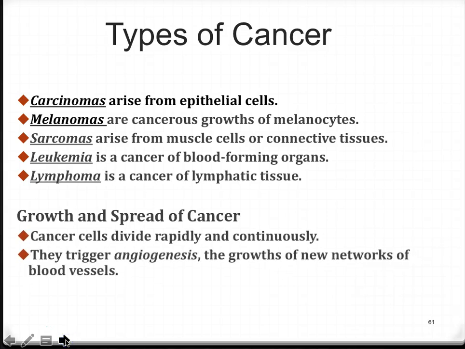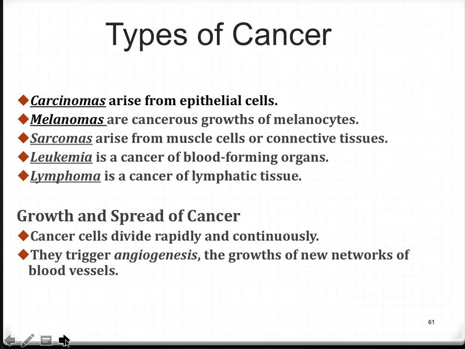One of the things too with cancers is that because you have rapidly dividing cells, they're going to need a lot of nutrients, right? So they can create all these extra organelles and stuff. So they're going to need a very good blood supply, because that's where nutrients are going to come from, right, is the blood. So these cancer cells, or these tumors I should say, can trigger angiogenesis.